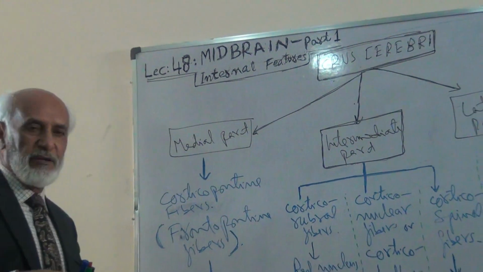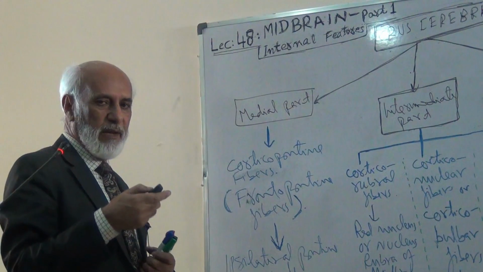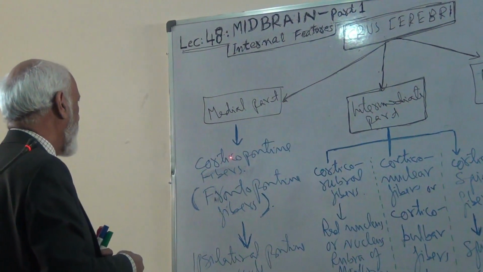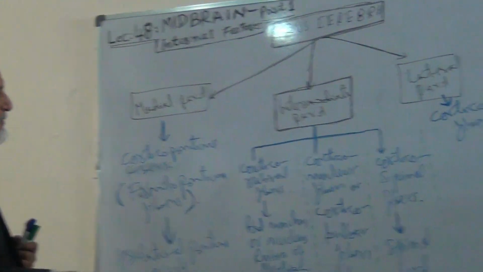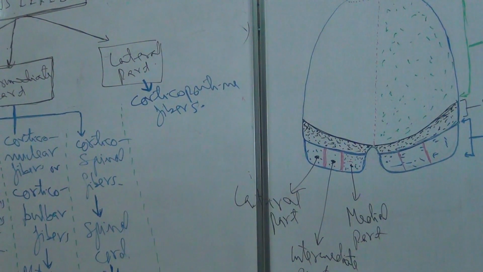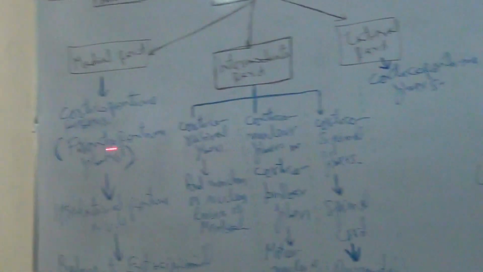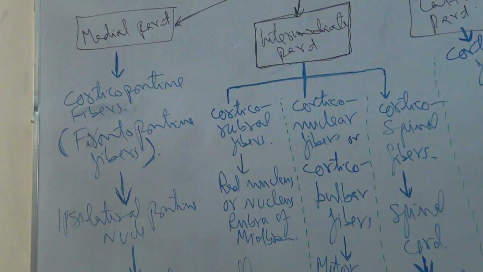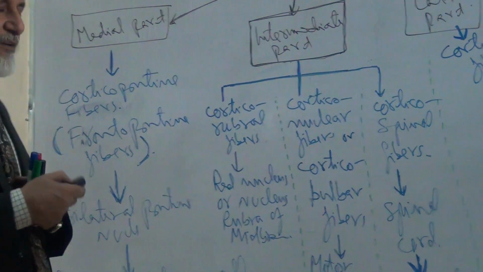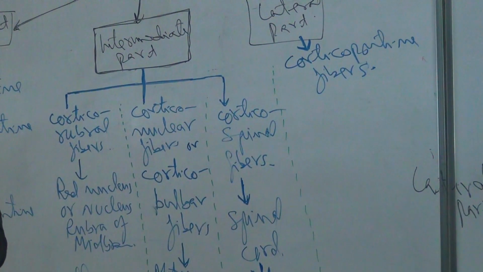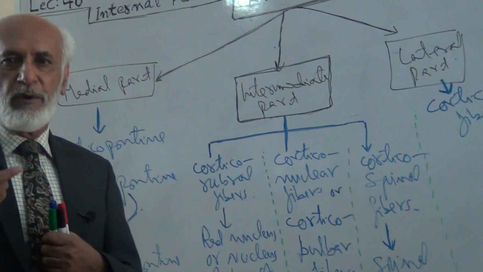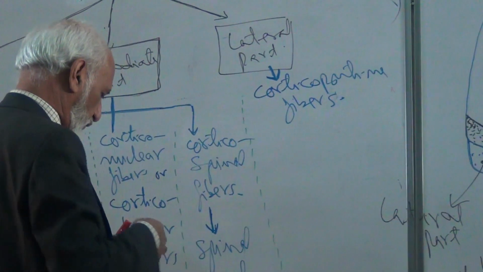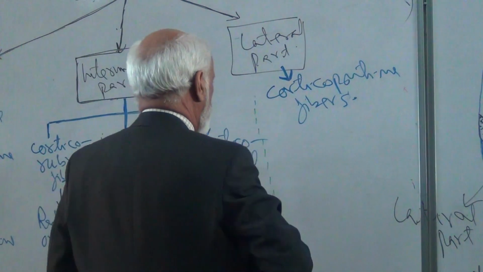As I told you, there is a cortex of the frontal lobe, parietal lobe, occipital lobe, and temporal lobe. The corticopontine fibers which descend through the medial part of the crus cerebri originate from the cortex of the frontal lobe. This is why they are called frontopontine fibers. What is left next to the frontal lobe is the parietal, occipital, and temporal lobe.